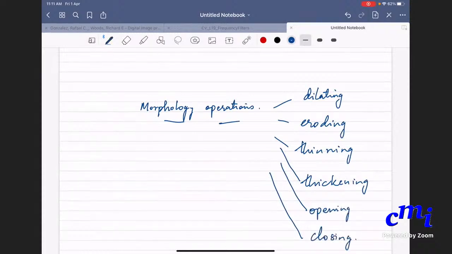These come into play especially when you have image components. For example, eroding and thinning are quite close to each other. If you have an image component, something in an image, and you want to reduce its size from all sides, and you want to reach something like this, so this is some unwanted thing that you want to remove.